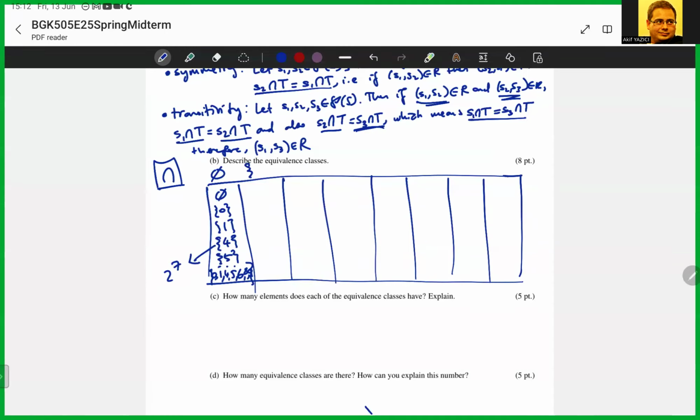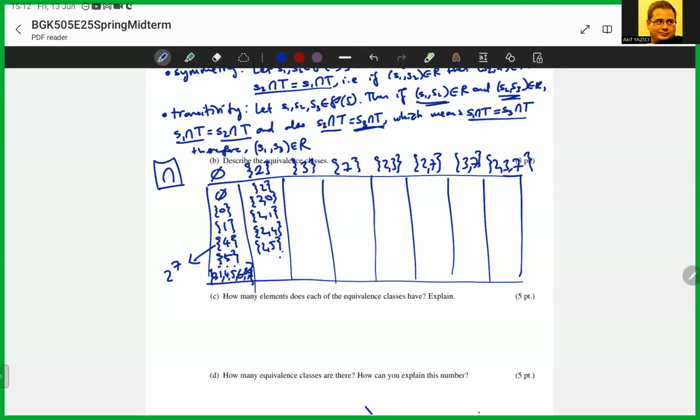Then here you can have just 2, just 3, just 7, 2, 3, 2, 7, 3, 7, and finally 2, 3, 7. So here you'll have the ones like 2, then 2, 0, 2, 1, 2, 4, 2, 5, dot, dot, dot.